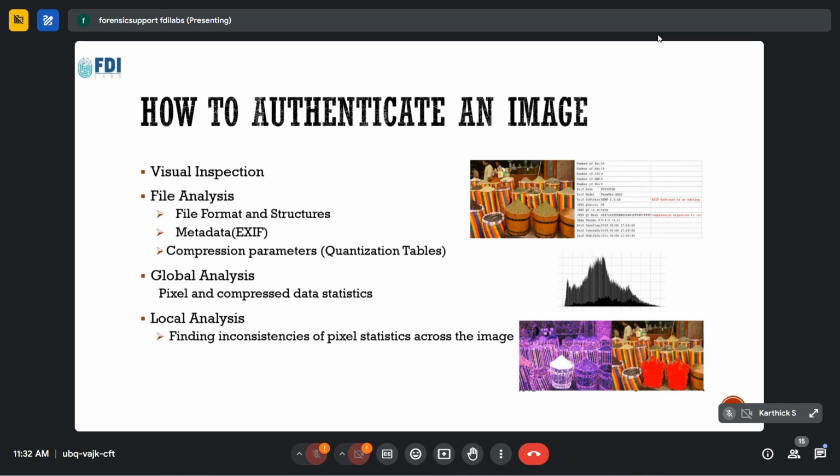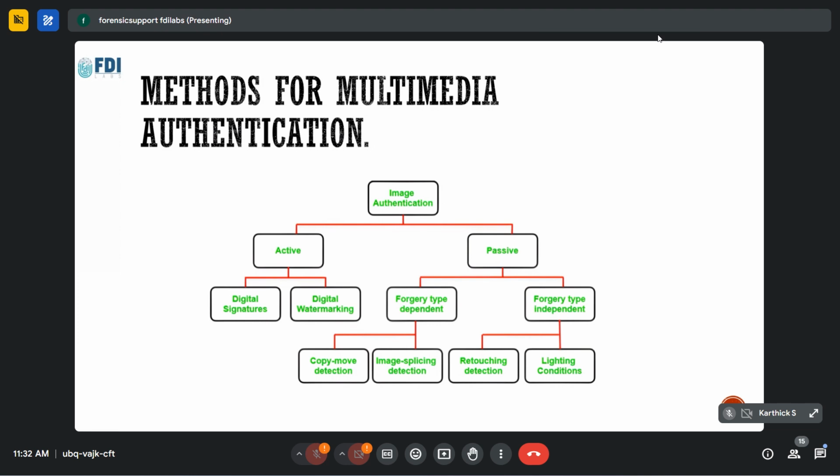Here is a classic main example of the methods of image authentication. You can see there are two methods: active and passive. In the active method, we have digital signature and watermarking, and in the passive method we have two types, called forgery type dependent methods and forgery type independent methods.